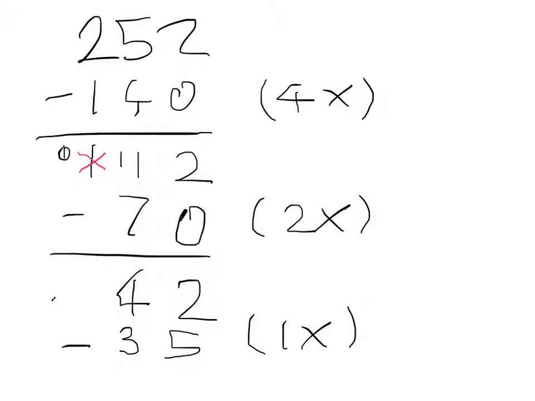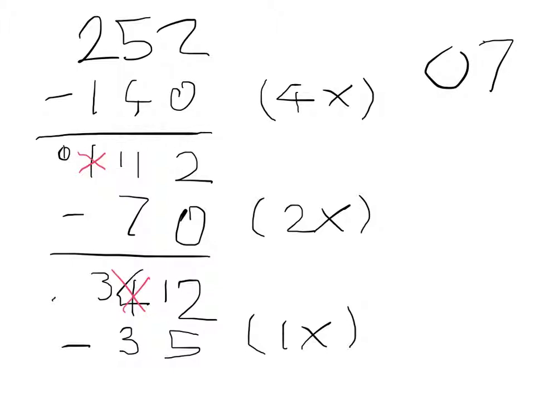2 take away 5, I can't do, so I carry the 1. So 12 take away 5 is 7. 3 take away 3 is 0.